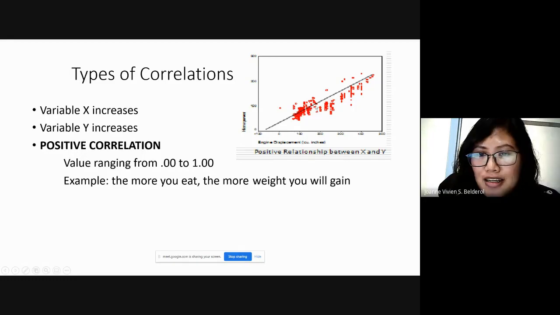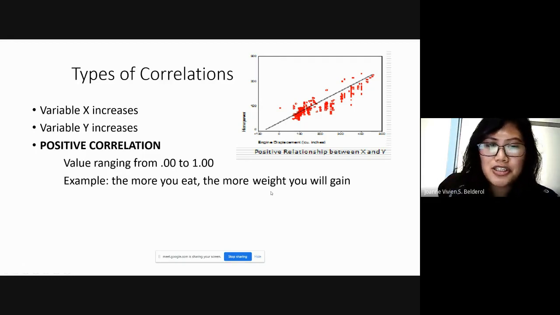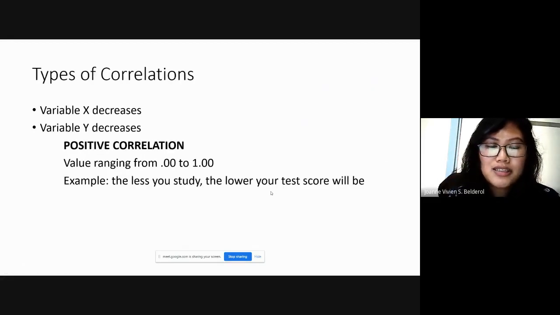Pag mulinya ang mga dots to form a line, that means it's a perfect positive relationship. Okay? So, again, remember, basta positive, it's leaning to the right. So, for example, the more you eat, the more weight you will gain.